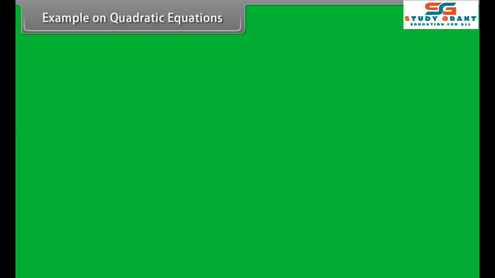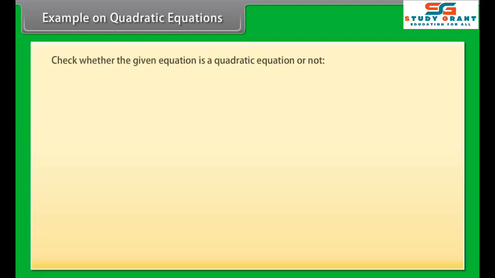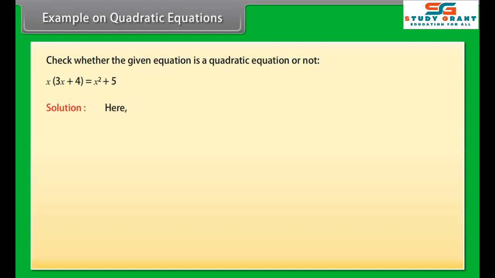Example on quadratic equations. We will now check whether the given equation is a quadratic equation or not. Solution. Here LHS is equal to x into 3x plus 4 is equal to 3x square plus 4x.